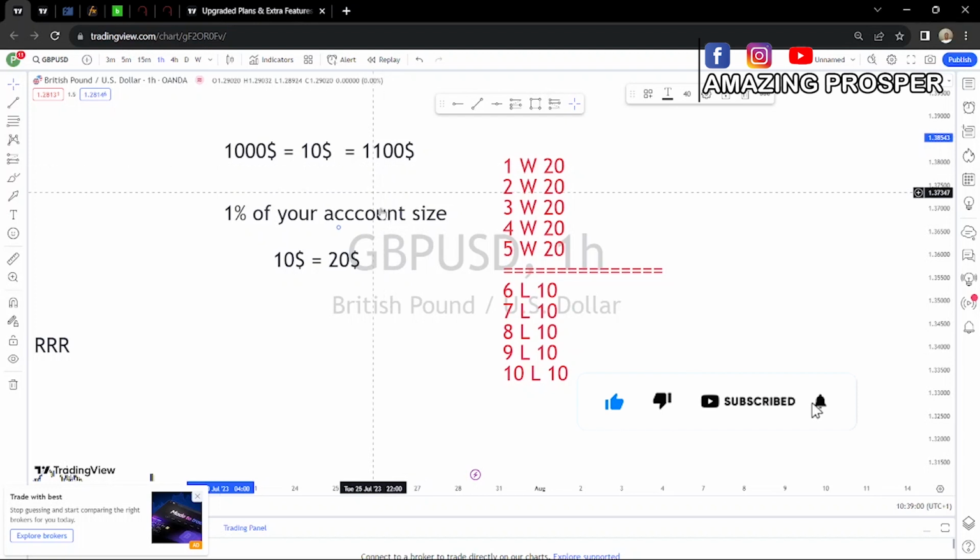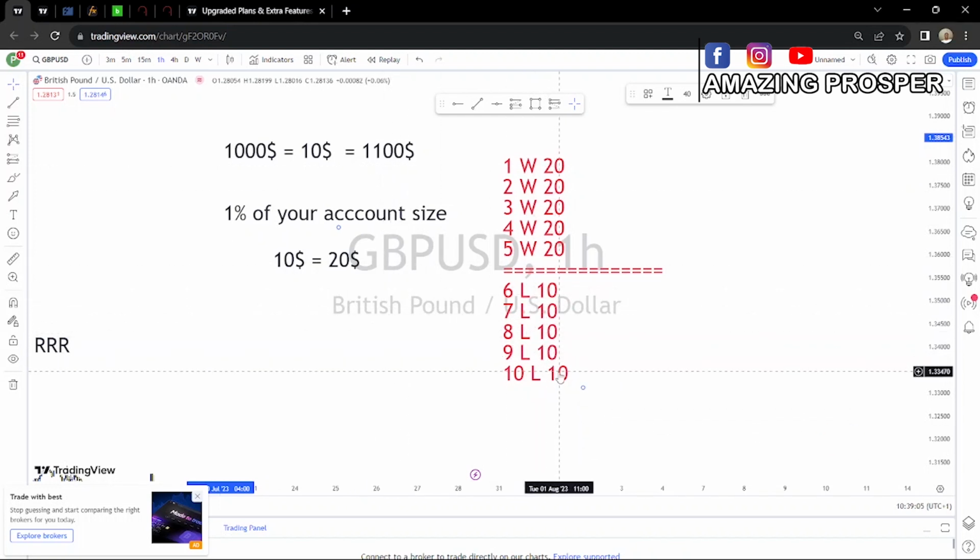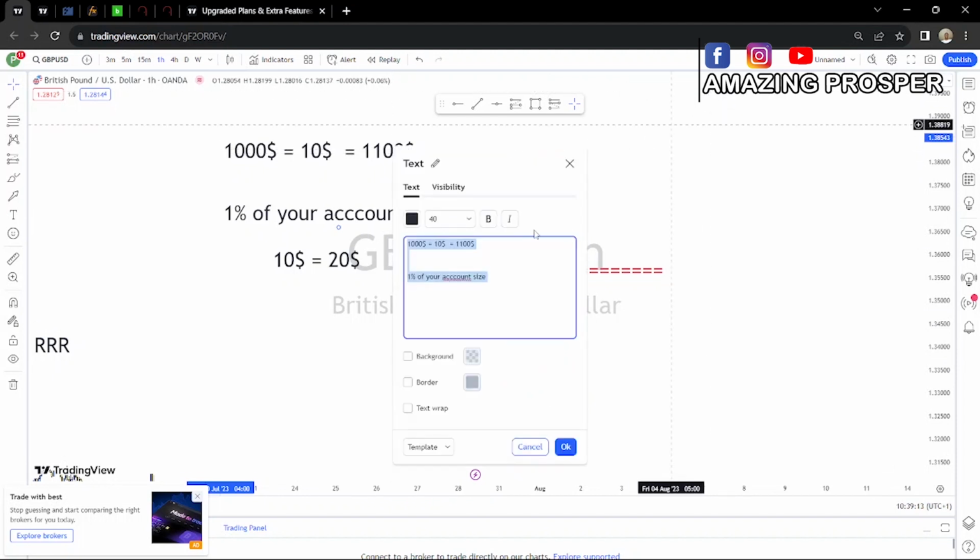So what about in a case where you start losing, and you lost all these 5 trades in a row? What will you fall back on? Very easy. Your account size will be equal to $1,050.